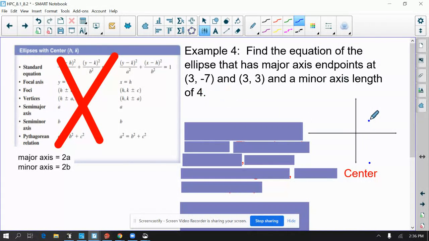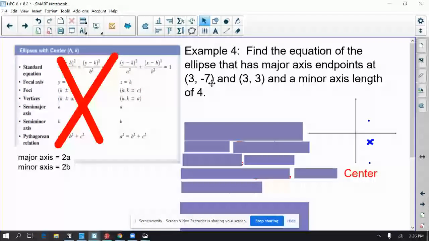Well, hold on a second. If these are the two vertices of the ellipse, then what is the number right in the middle here? What's that center? It's definitely 3 something, right? So what's halfway between -7 and 3? You can think about it a couple of ways. I think of it as if I went down 7 and I went up 3, that's a total distance of 10.